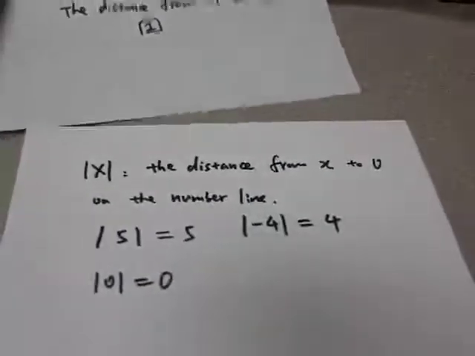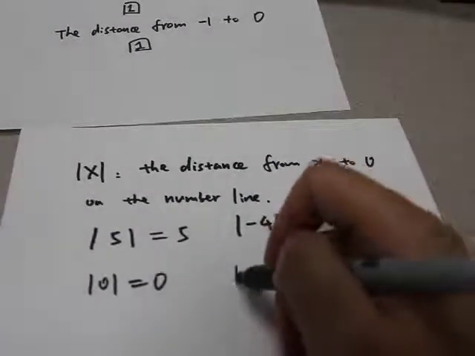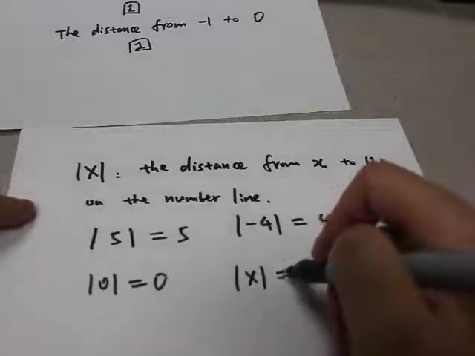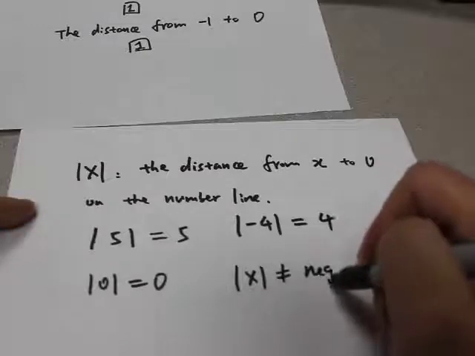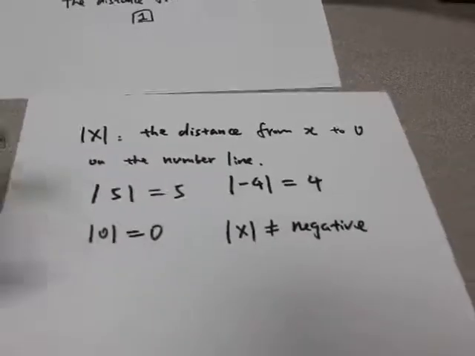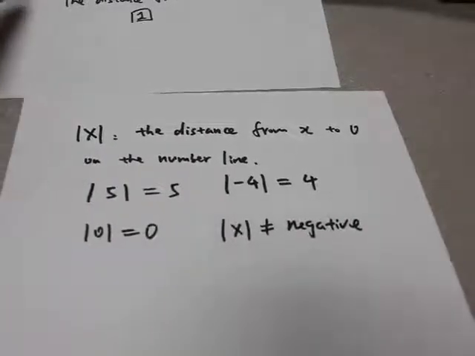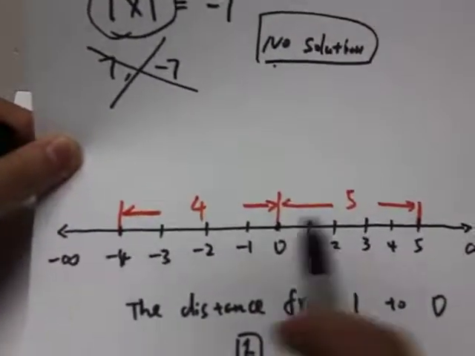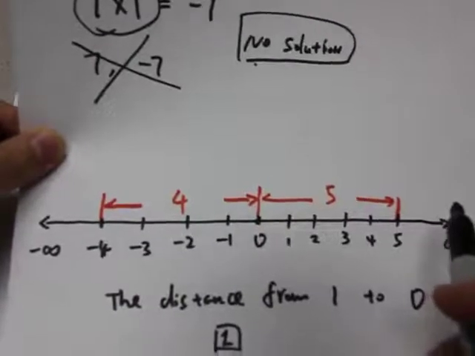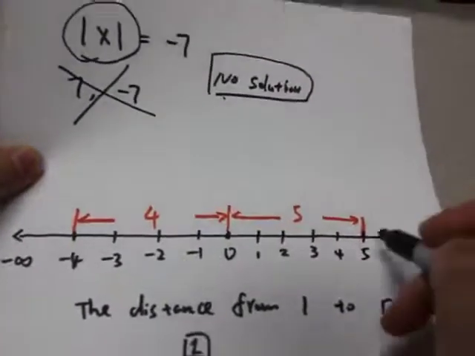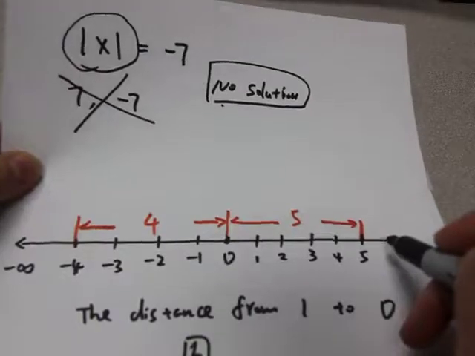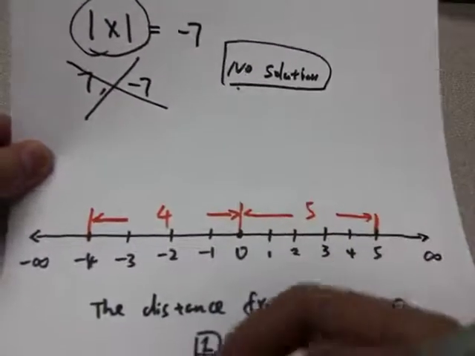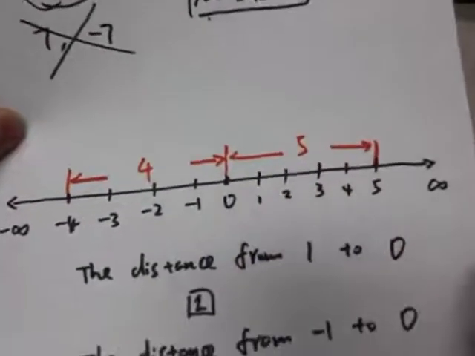And this is why the absolute value of any number will never be equal to a negative number, because we can't have a negative distance, right? No matter where you stand on this number line, when you consider the distance from the point you stand to the 0, that distance is always positive.